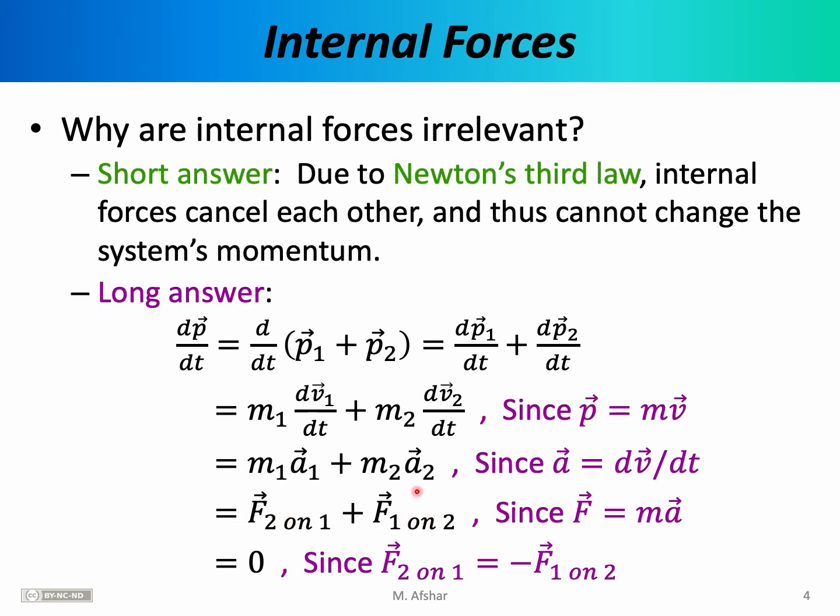You can tell they must be an action-reaction pair because of the way the indices are written: 2 on 1 has been swapped with 1 on 2. Since these two forces must be equal and opposite, they will add up to give us 0, which proves our original statement, that it doesn't really matter what these internal forces are, they will cancel each other out, and the rate of change in the momentum of the system will be 0, therefore momentum is conserved.